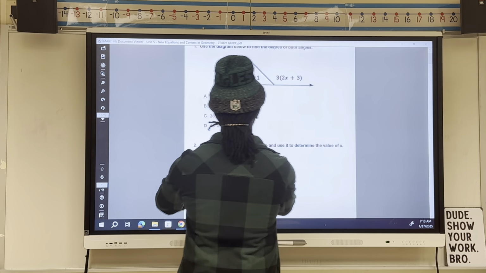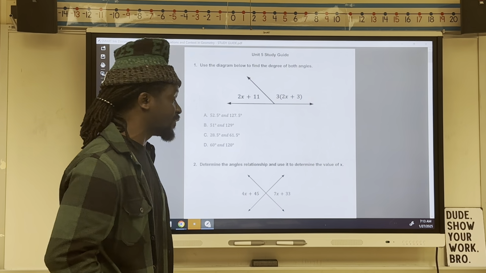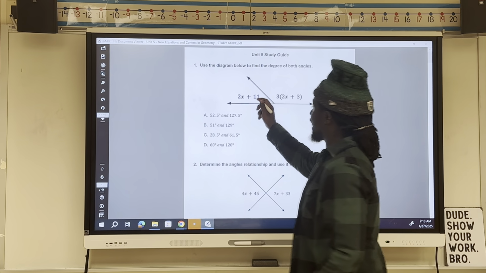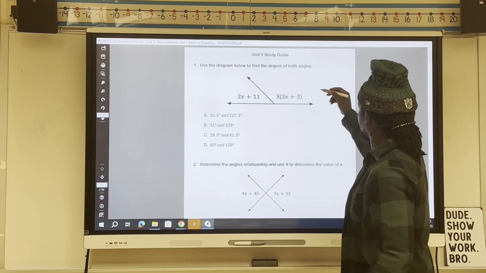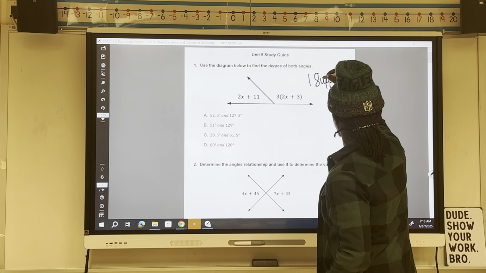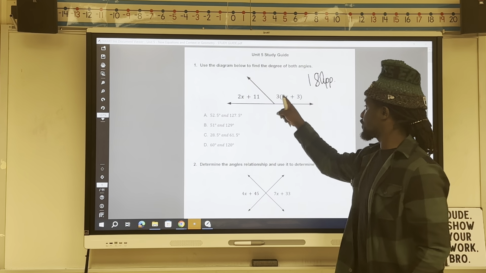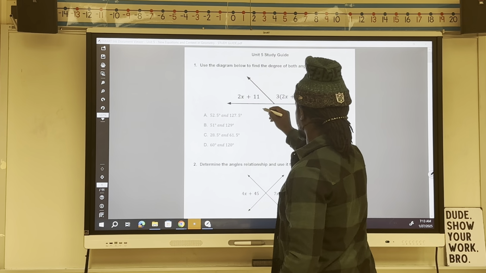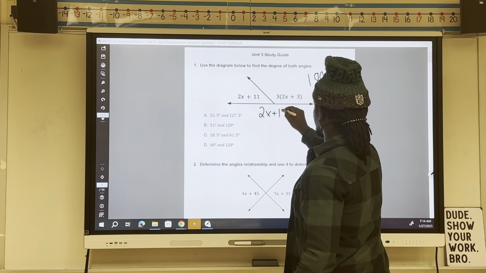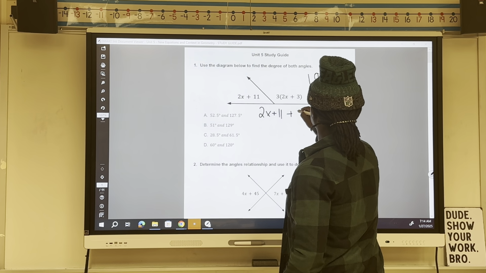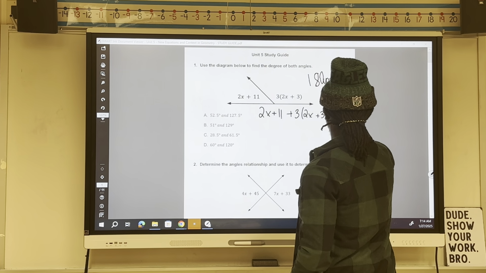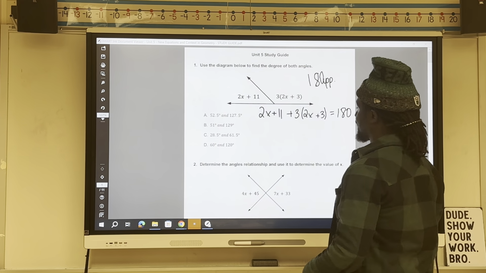Question number 1 says use the diagram below to find the degrees of both angles. I need to know the relationship between these two angles. They are supplementary because they add up to equal 180. They make a straight line. So this angle plus that angle equals 180: 2x plus 11 plus 3 times the sum of 2x and 3 equals 180.